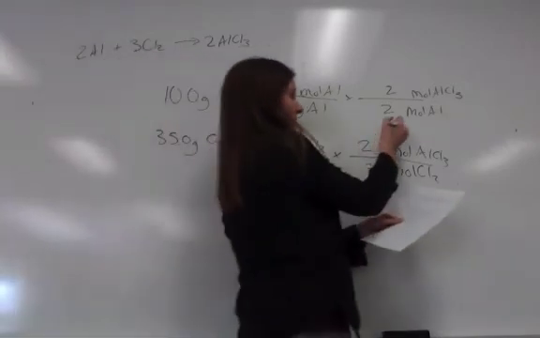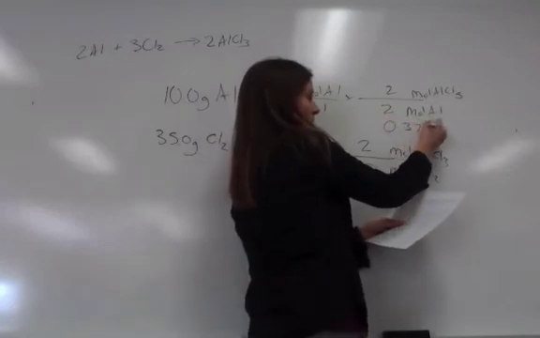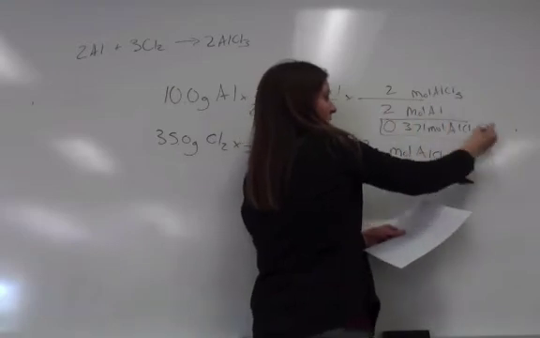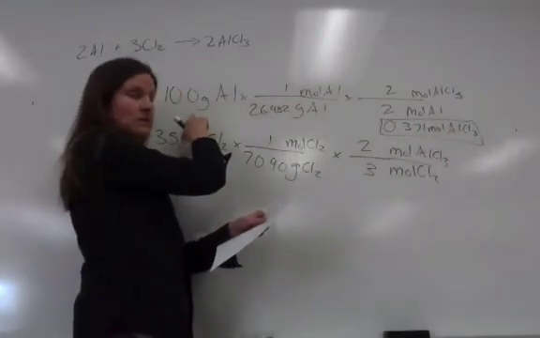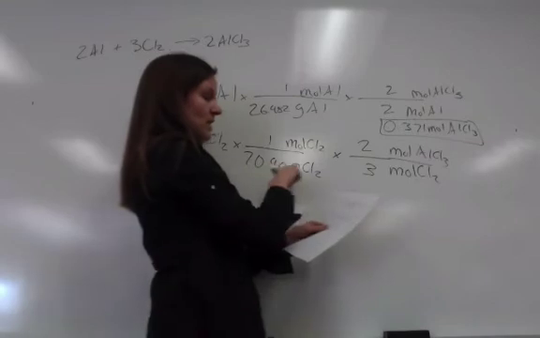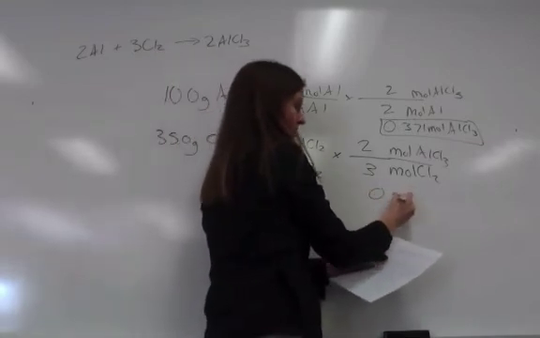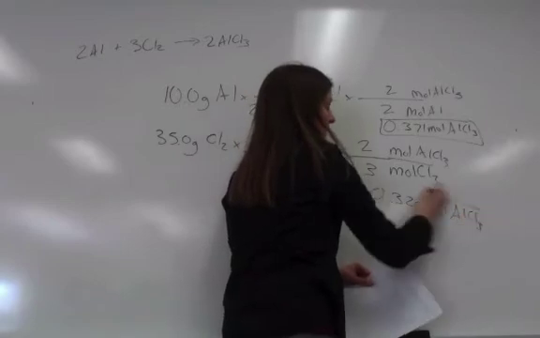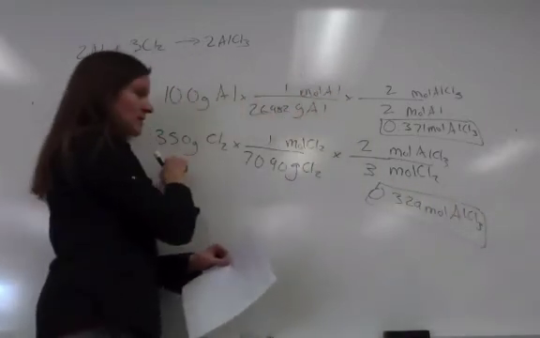So doing this one, I get 0.371 moles of aluminum chloride being produced from 10 grams of aluminum. And doing this one, I get 0.329 moles of aluminum chloride being produced from this amount of chlorine.